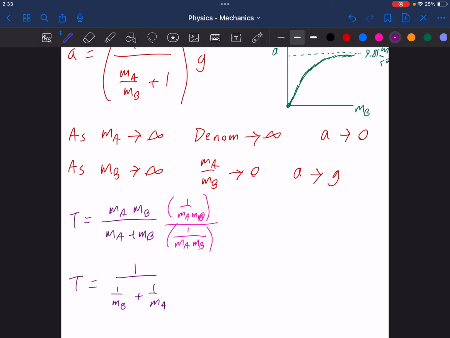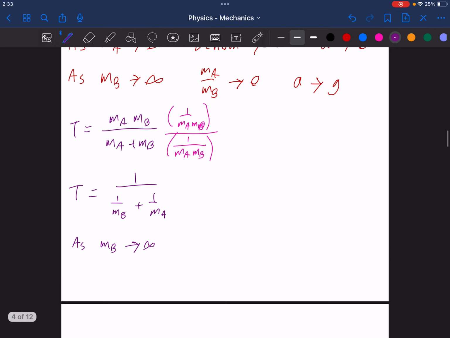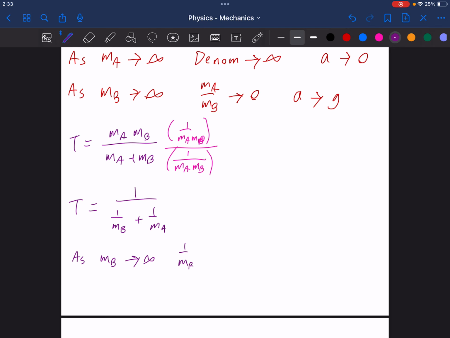And so this is helpful to think about extremes. Right, so if we fix the mass of A and let the mass of B go to infinity, then 1 over the mass of B will just go to 0, which means my tension will just go to 1 over the mass of A. I'm sorry, I'm missing a G in this equation.